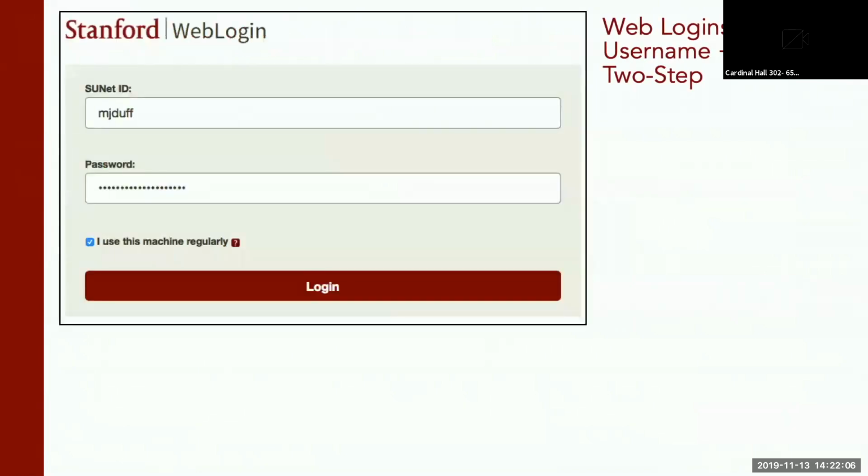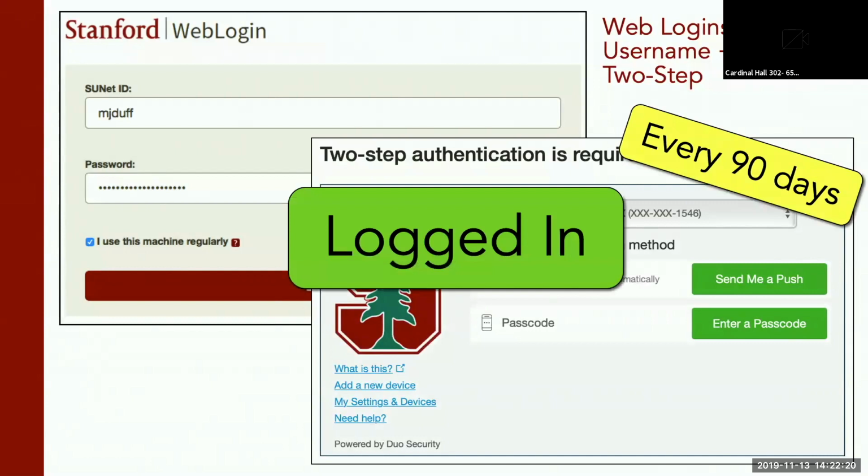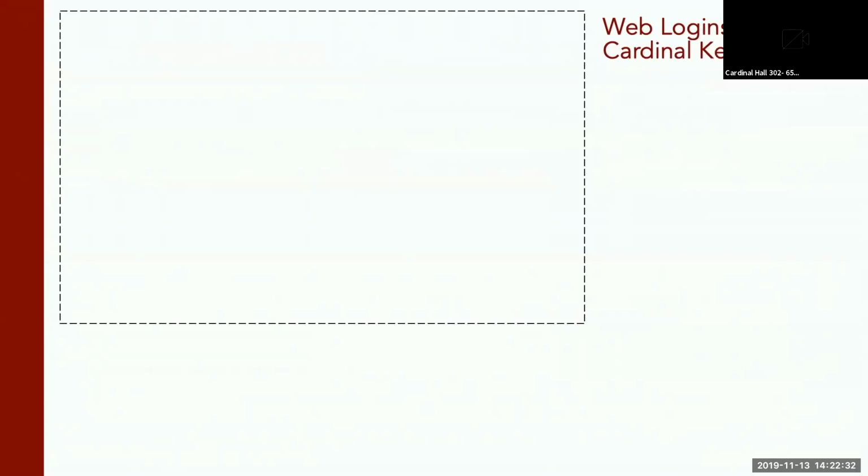So this is very familiar to everyone. You're prompted for username, password, and then here at Stanford, we do 90-day. We set the cookie for two-factor for 90 days. So every 90 days you get prompted, and then you're logged in with Cardinal key. 99% of the time, you're logging in, you go to your webmail, you go straight there.